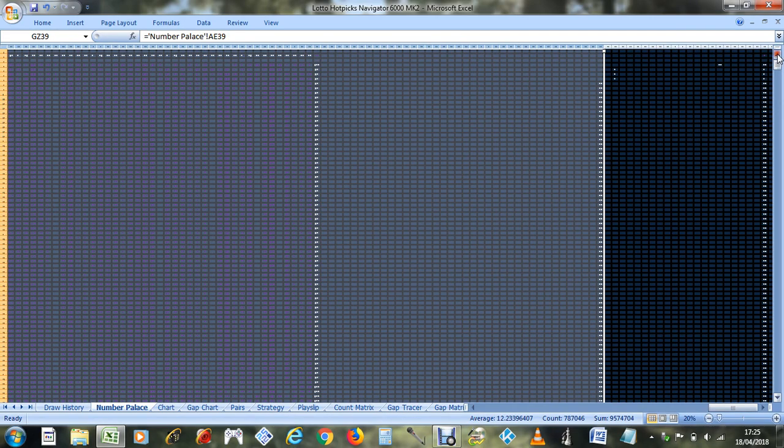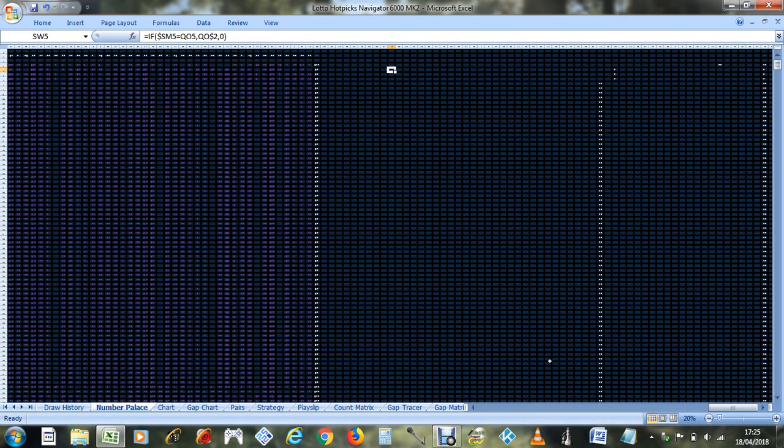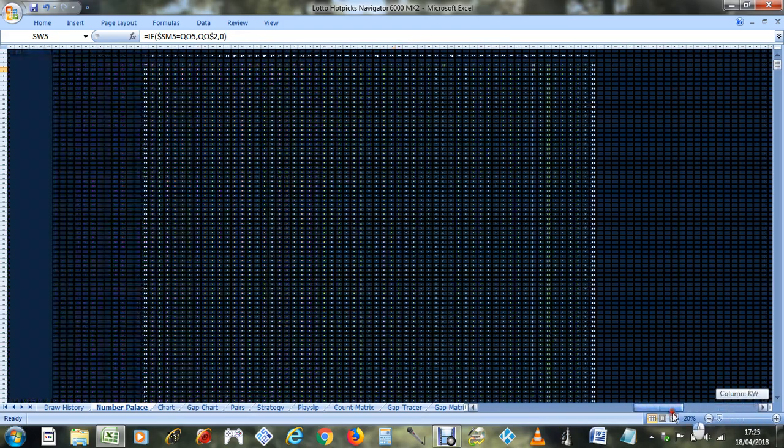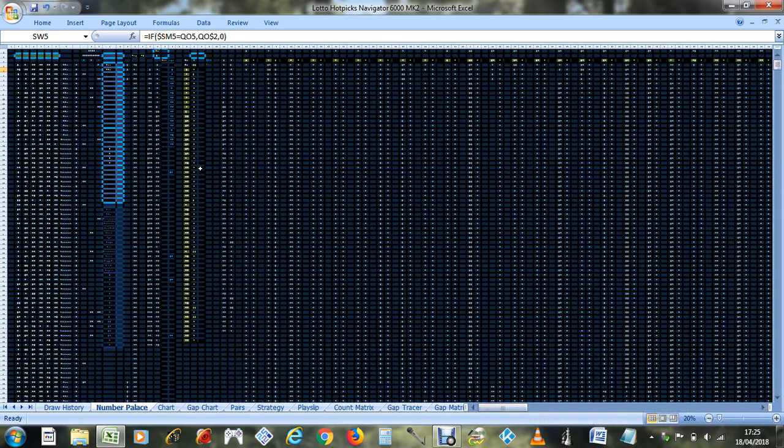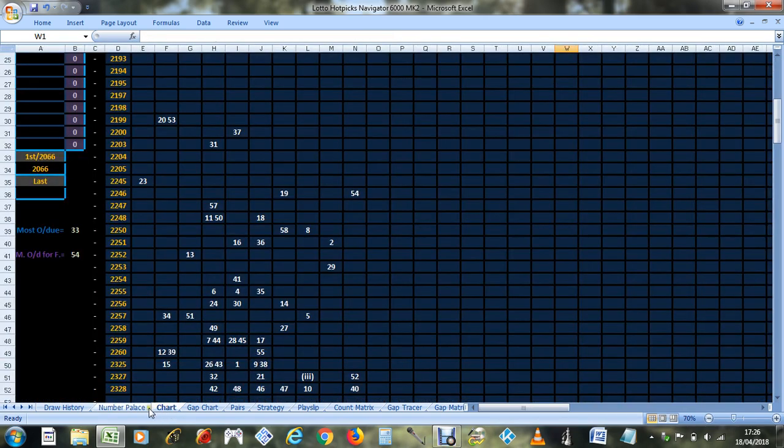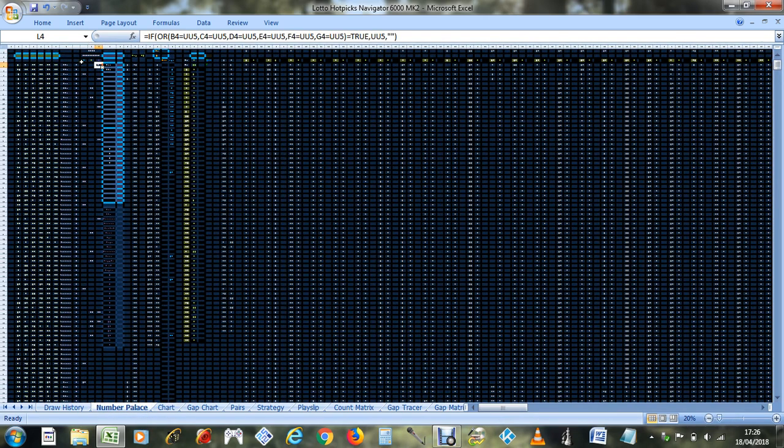It looks for the one with the highest value, filters it out, and then when you get to this section, if this number that was filtered out is in the combination that was drawn, then the number goes onto this most outstanding section of the chart, well, of the number palace.